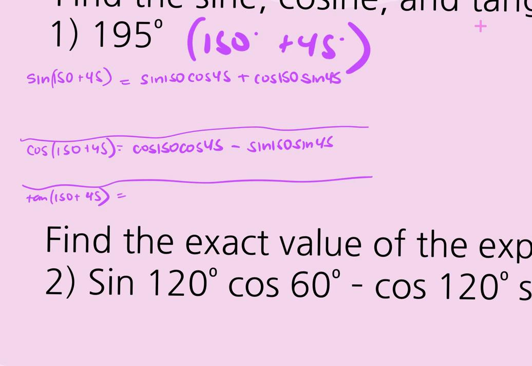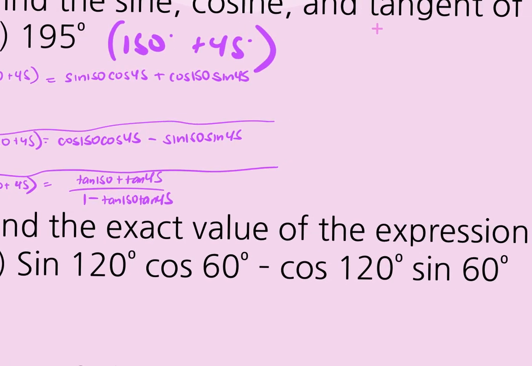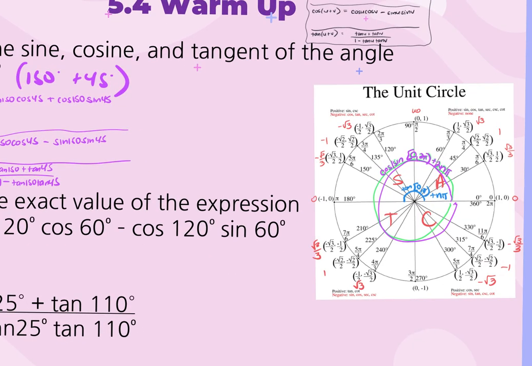Match the sign in the top, so tan 150 plus tan 45 over 1 minus, change the sign in the bottom, tan 150, tan 45. And then I would go to my unit circle and I would locate 150 and 45. Hopefully 45 we know by now.